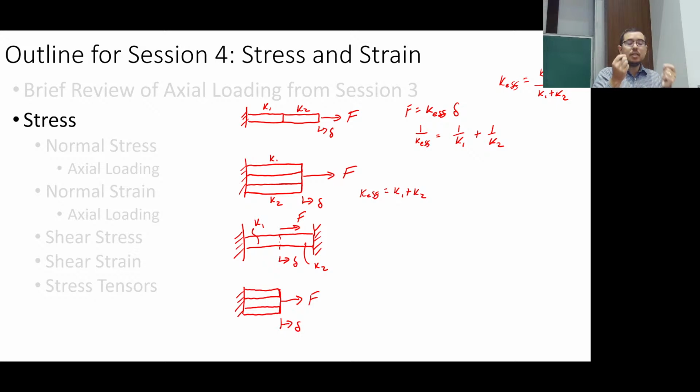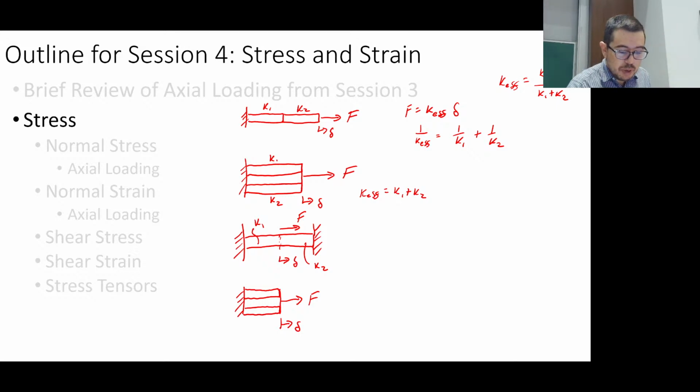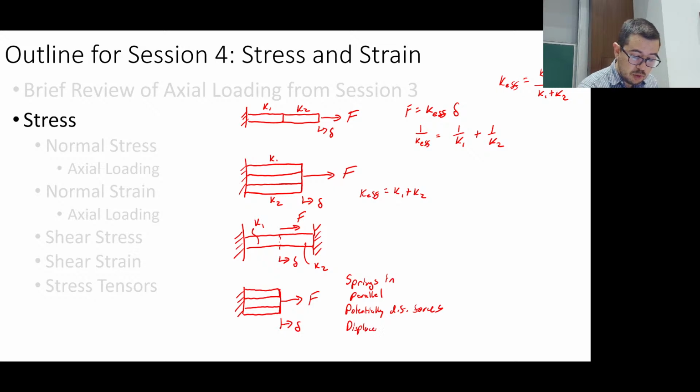I may not have emphasized this enough in the videos, but springs in parallel can experience potentially different forces, while their displacements are equal.